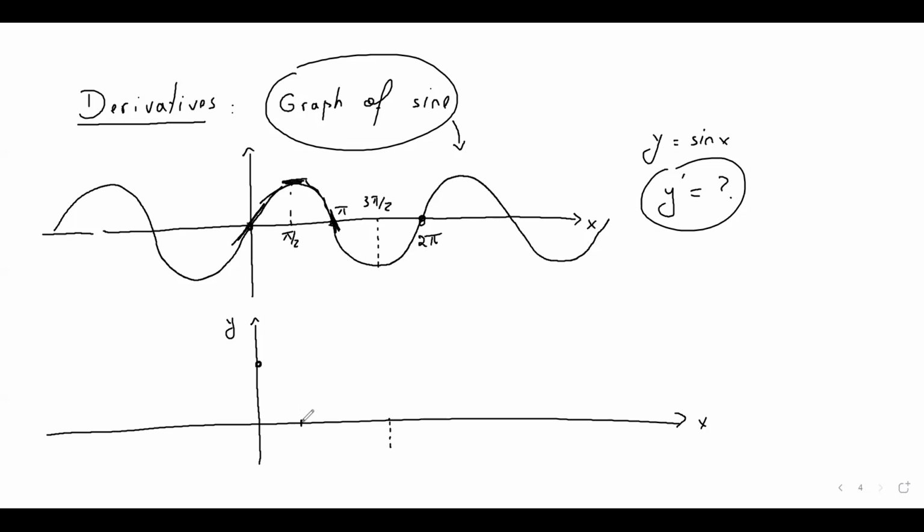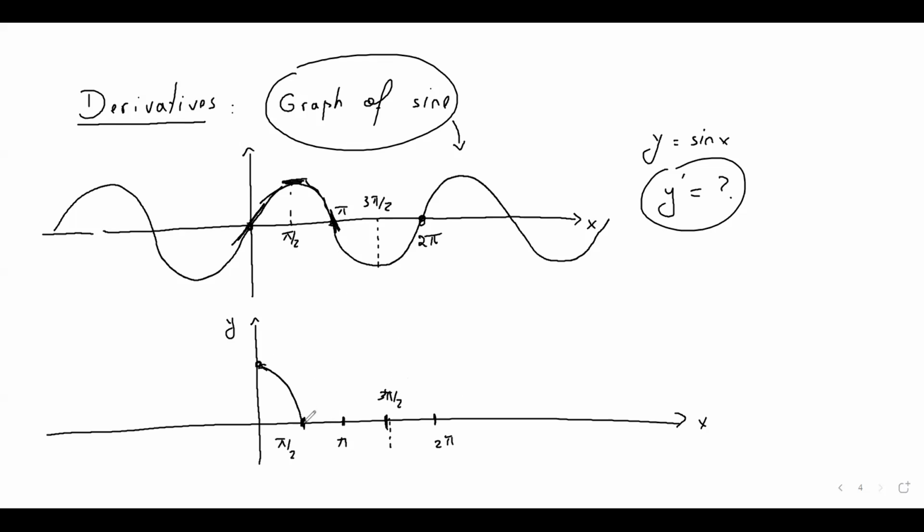This would be my pi over 2, and this one down here would be pi somewhere here, and this one would be 3 pi over 2 and 2 pi. So we go down, as we said. So 1 here, and then go towards 0.